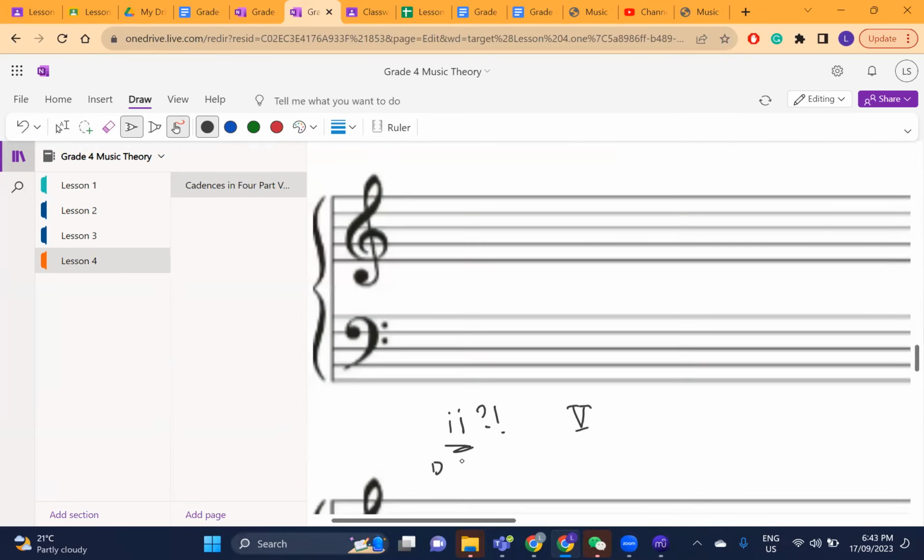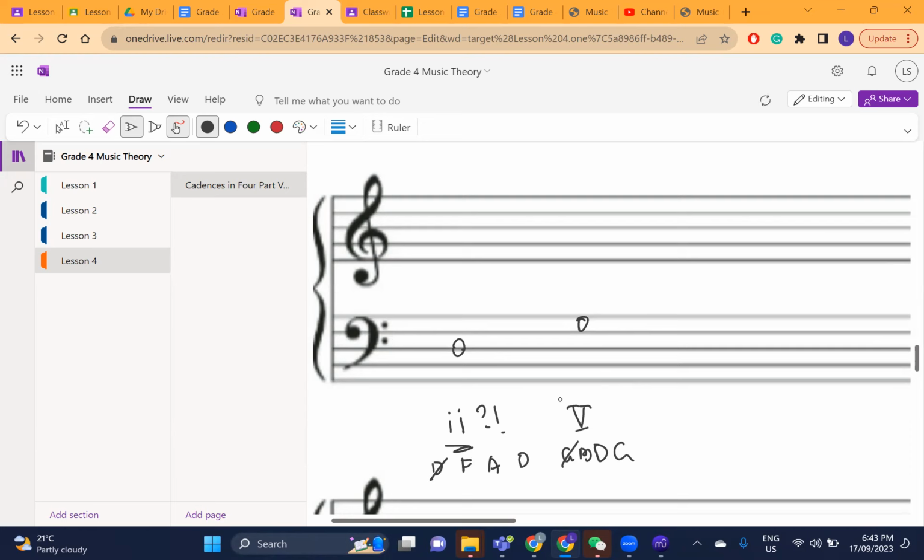We're going to stay in C major. There are no special doubling rules with 2, just normal doubling rules. You don't need to double any specific note, just keep with the root. As always, root in the bass.